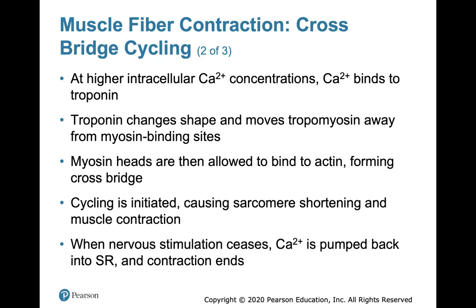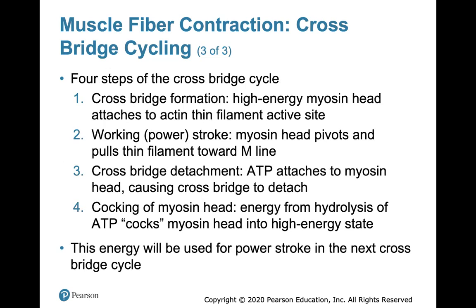Troponin will change shape and move those tropomyosin proteins away from myosin binding sites. Myosin heads are then allowed to bind to the actin, forming this cross bridge, and this cycling process is initiated, which causes the sarcomeres to shorten and the muscle to contract. When nervous stimulation stops, excess calcium will be pumped back into the sarcoplasmic reticulum so that contraction ends.